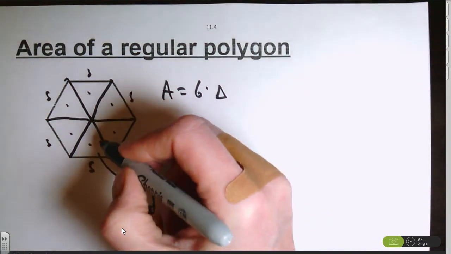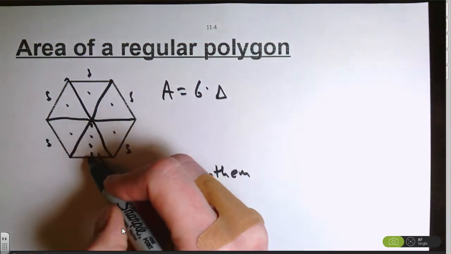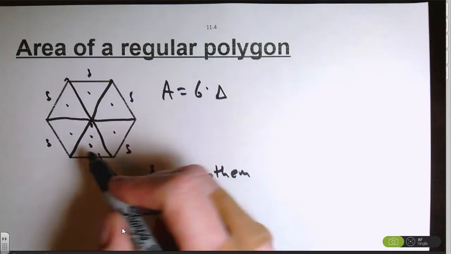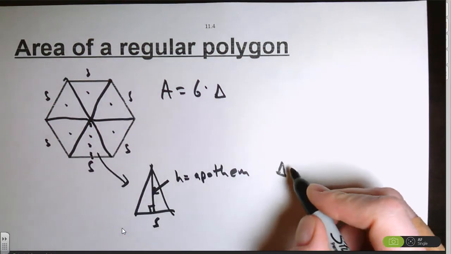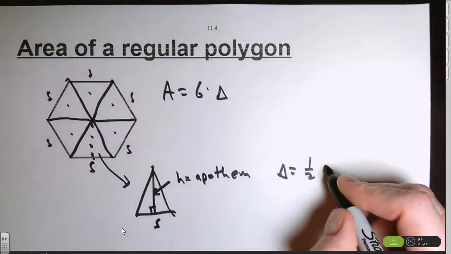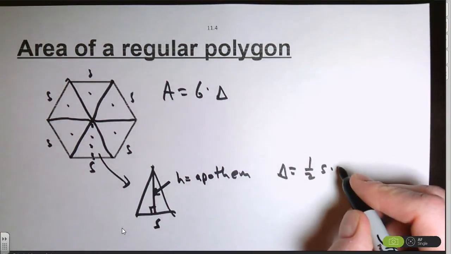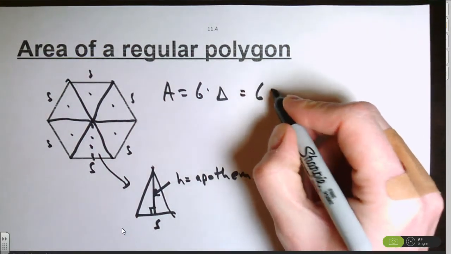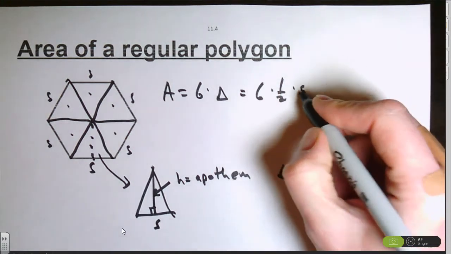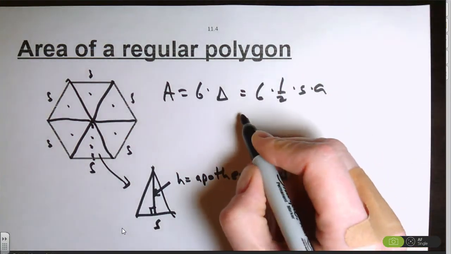The height of the triangle is the segment that goes perpendicular to a side, it cuts in half, whatever the height of the isosceles triangle. It's the apothem. So one triangle is 1/2 S times, we're going to call that A for apothem. Okay, so that's going to be 6 times 1/2 times side times apothem.